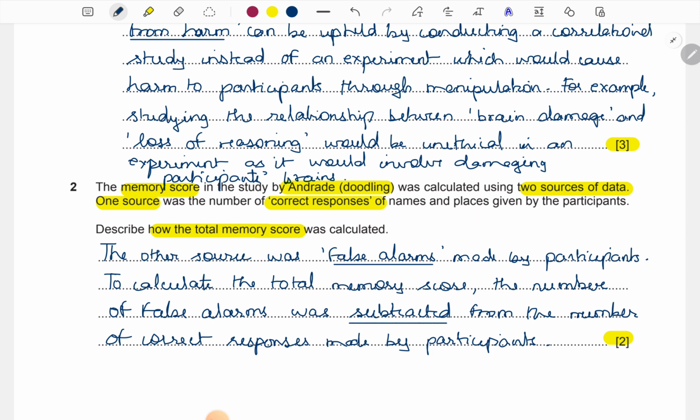I have seen students writing answers like false alarms were... first of all, they won't use the term false alarm. They say something like errors or just scores were reduced or removed, and they don't say from where. So from what? Subtracted, or okay, even if you're saying removed, from what? They were removed from the total score. Or they just end the sentence at removed.